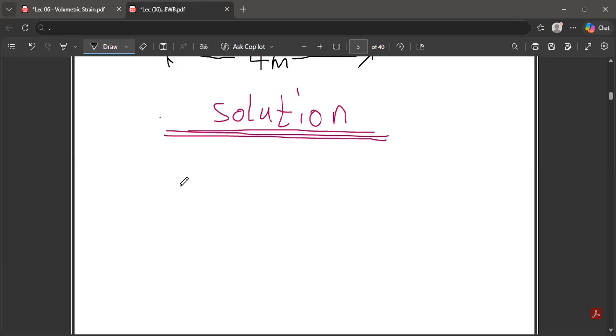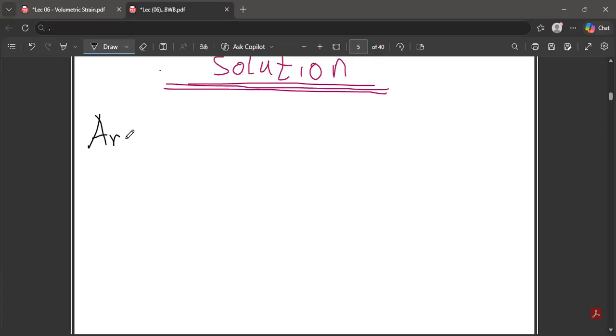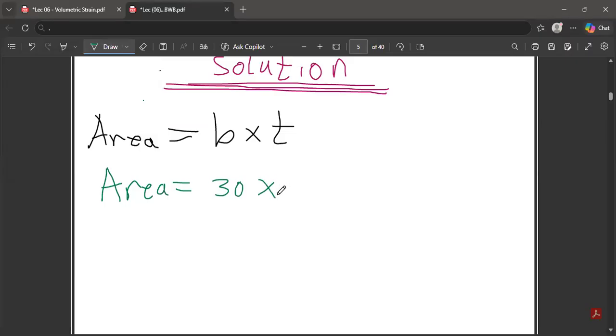So our area is equal to the breadth, which was given in the question as 30, and the thickness, which was 20. If you multiply these two, everyone quickly point this and let's see the answer you're going to get.